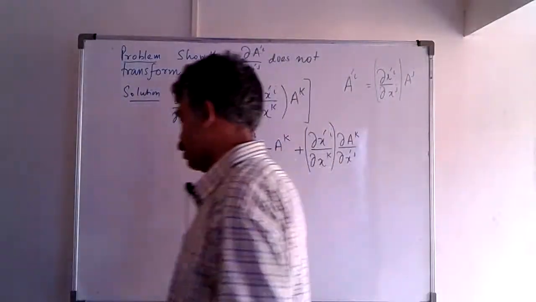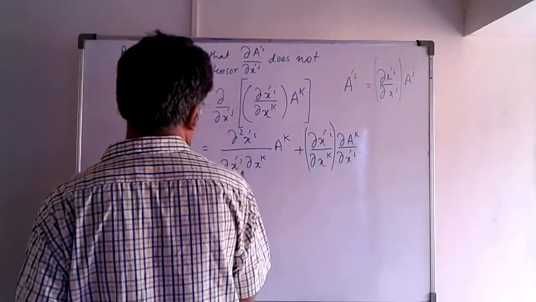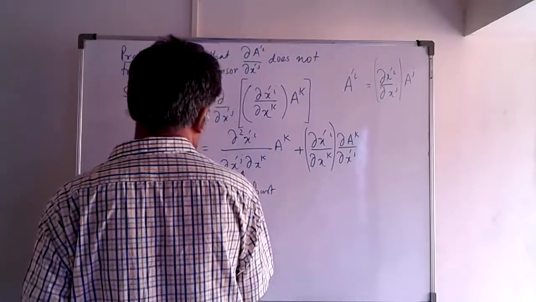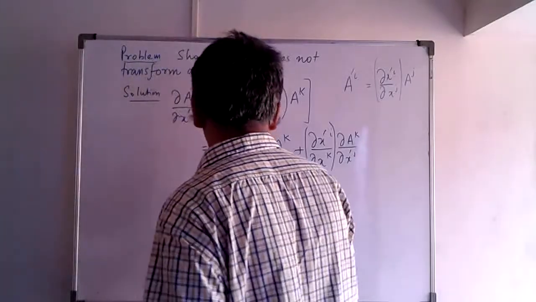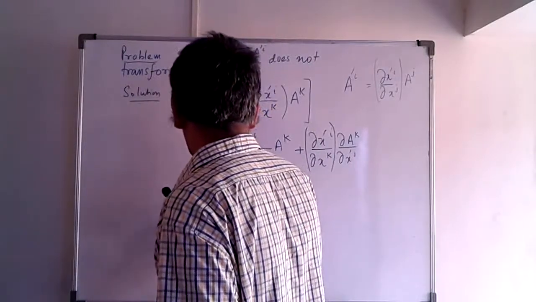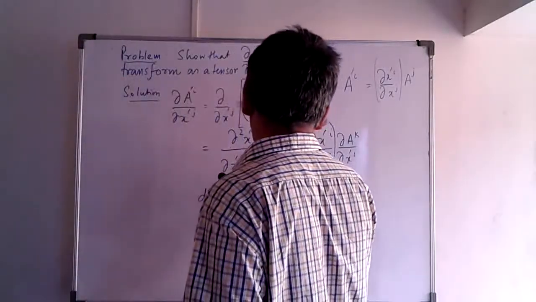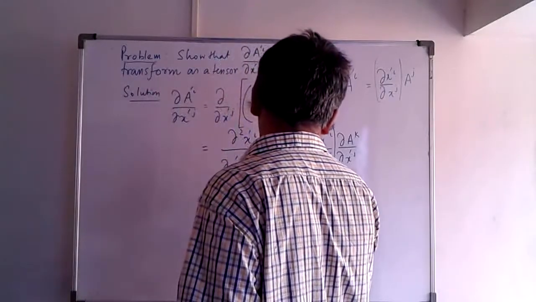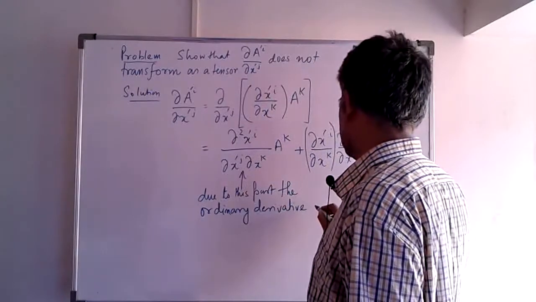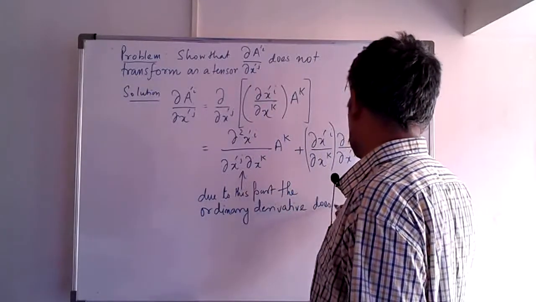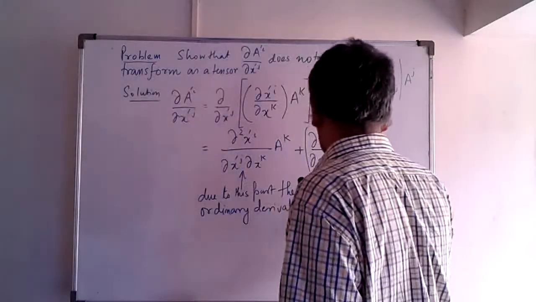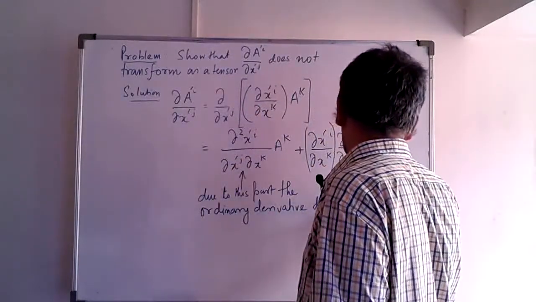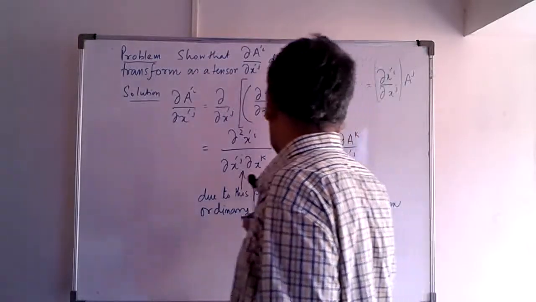So due to this part, this term, this part, the ordinary derivative does not transform as a tensor.